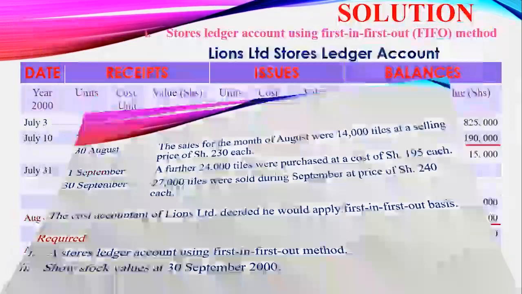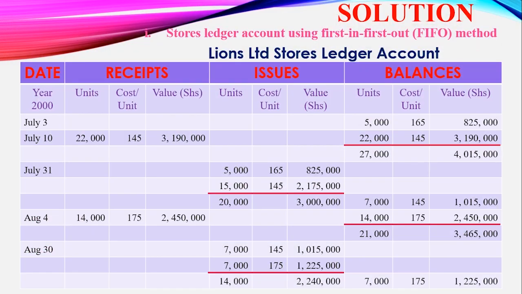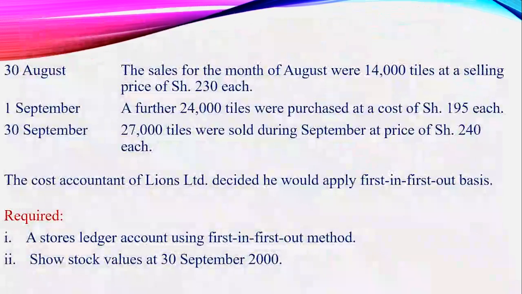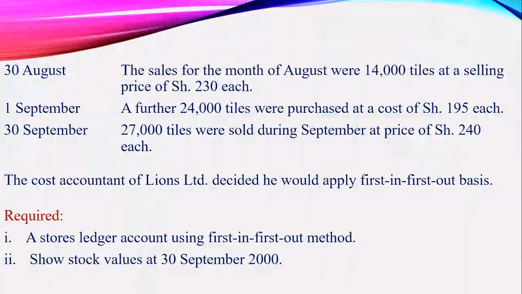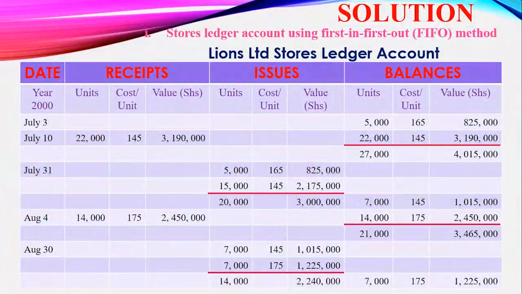So let's get to working and see what this particular question requires from us. Let's start with the first transaction. On 3rd of July, we have opening stock of 5,000 tiles. When you're preparing the store's ledger account, this is the format. Here is the date, that is when the stock was acquired.